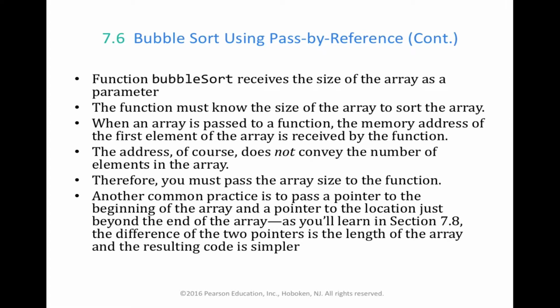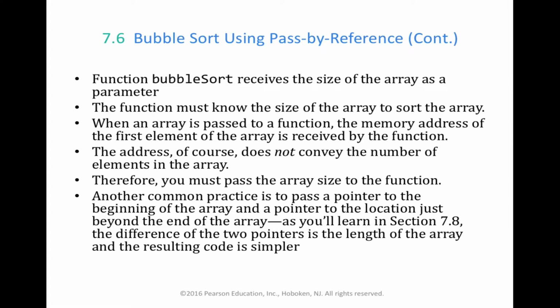We have to know that size in order to sort this array. When the array is first passed to the function, the memory address of the first element is received by the function. The address, of course, does not convey the number of elements. Therefore, we must always pass around the size.